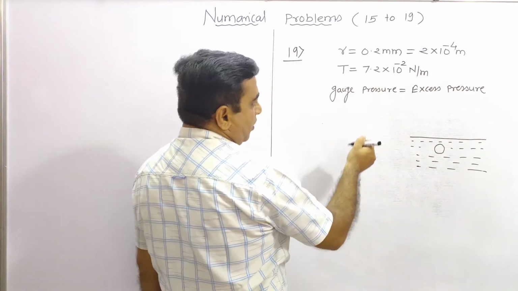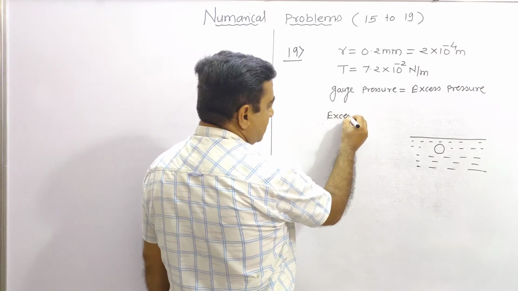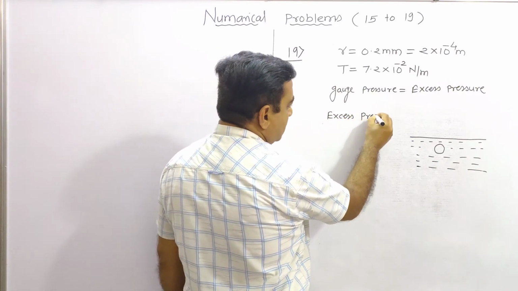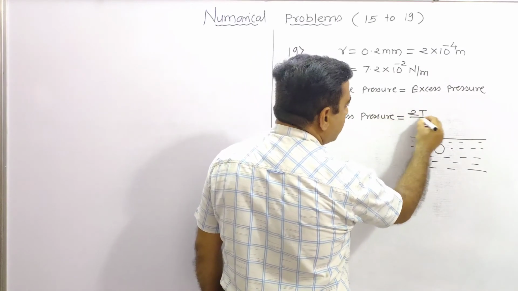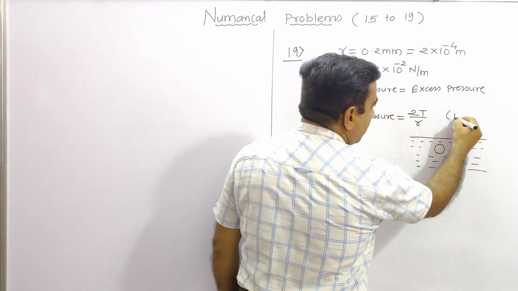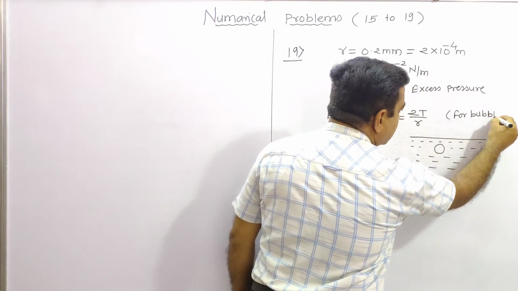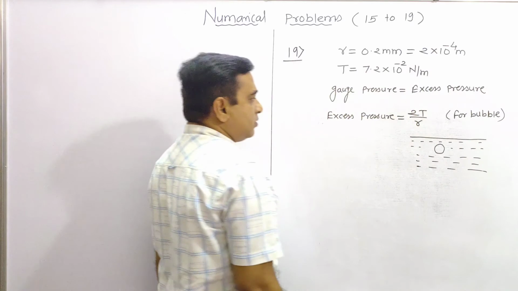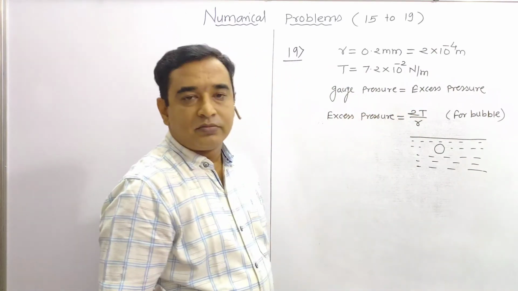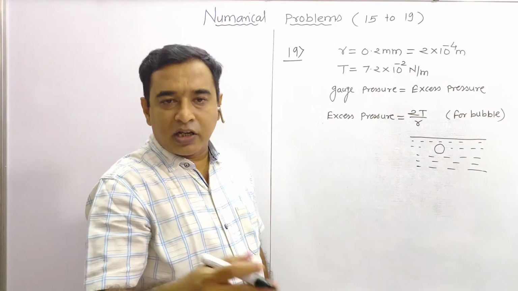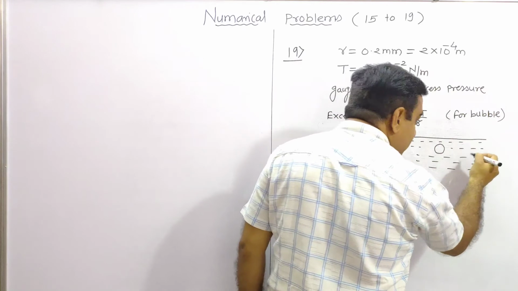See, the formula for the excess pressure for the bubble is equal to 2T upon R for bubble. Sir, this one is wrong. Why? Excess pressure is 4T upon R because two surfaces are in contact with the air, but here carefully see, the bubble is inside the liquid.